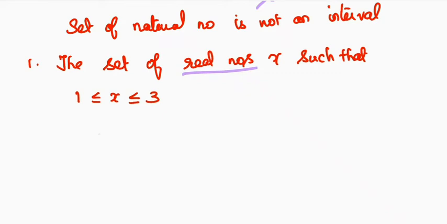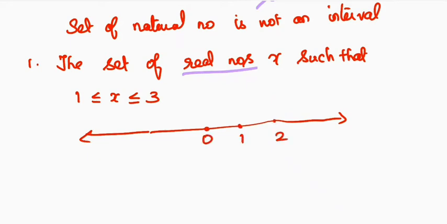Now here I will mark on the real line. Here you will have 0, 1, 2, 3. Here it is equal to, here also it is equal to, so we include 1 as well as 3.